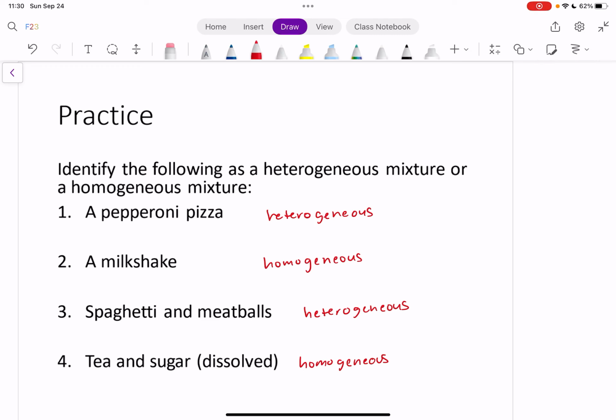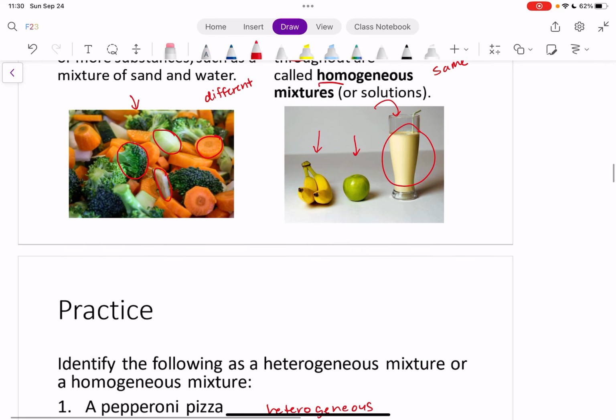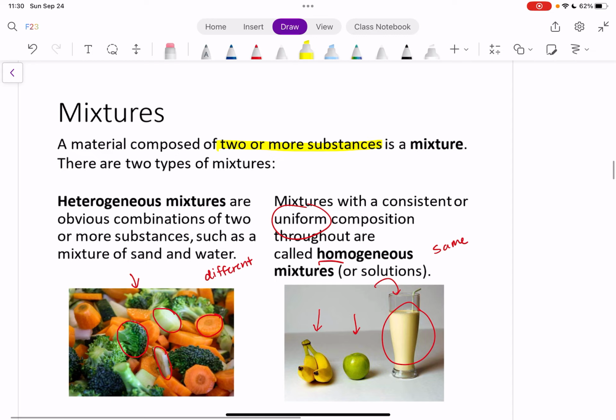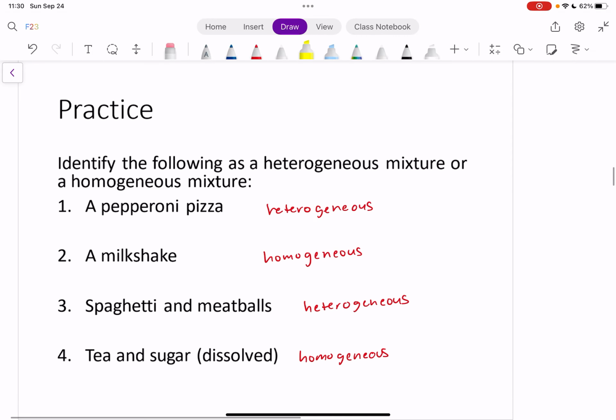I'm not going to answer this question, but I want you to think about how these mixtures are different from substances. What's the difference here? If something is a mixture, it's not a substance. It's composed of two or more substances, right? So a compound cannot be a mixture. A compound is a compound.